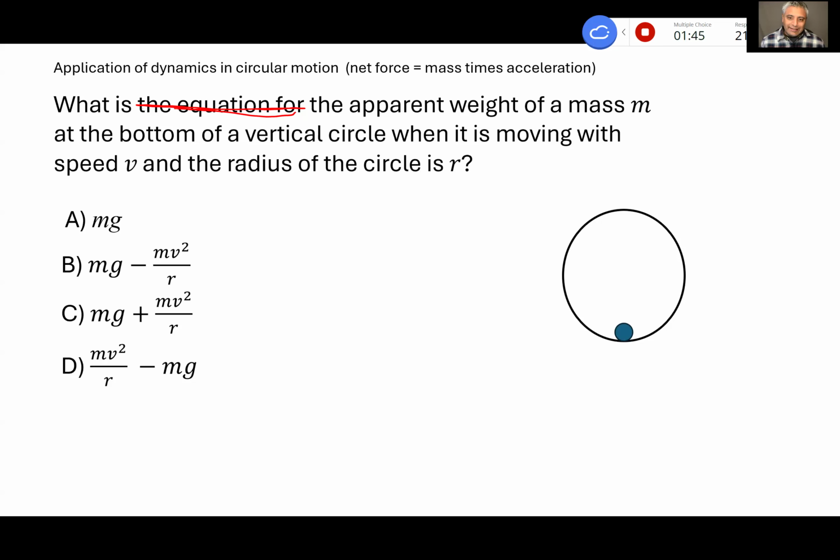Are you drawing a free body diagram? And are you writing this equation first? And then expanding it, just like we did in that last slide. 30 more seconds.